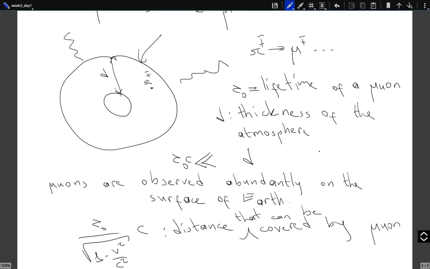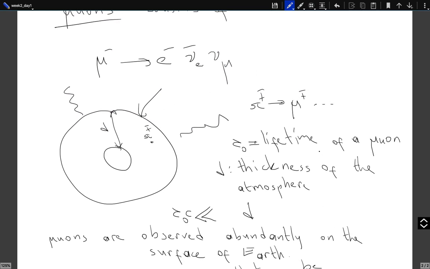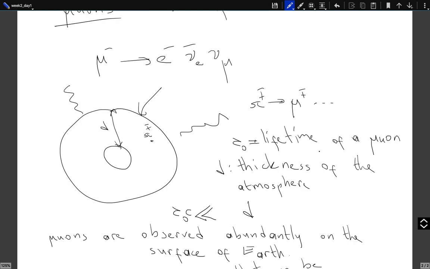You see, in this reference frame, there is the muon. Let's say the muon is created over here and is moving towards the Earth. So we are the observer on Earth following the muon. So the muon will live much longer than tau 0 because of time dilation. It is moving very close to the speed of light, so its own clock will tick slower in my reference frame. So it will live much longer.